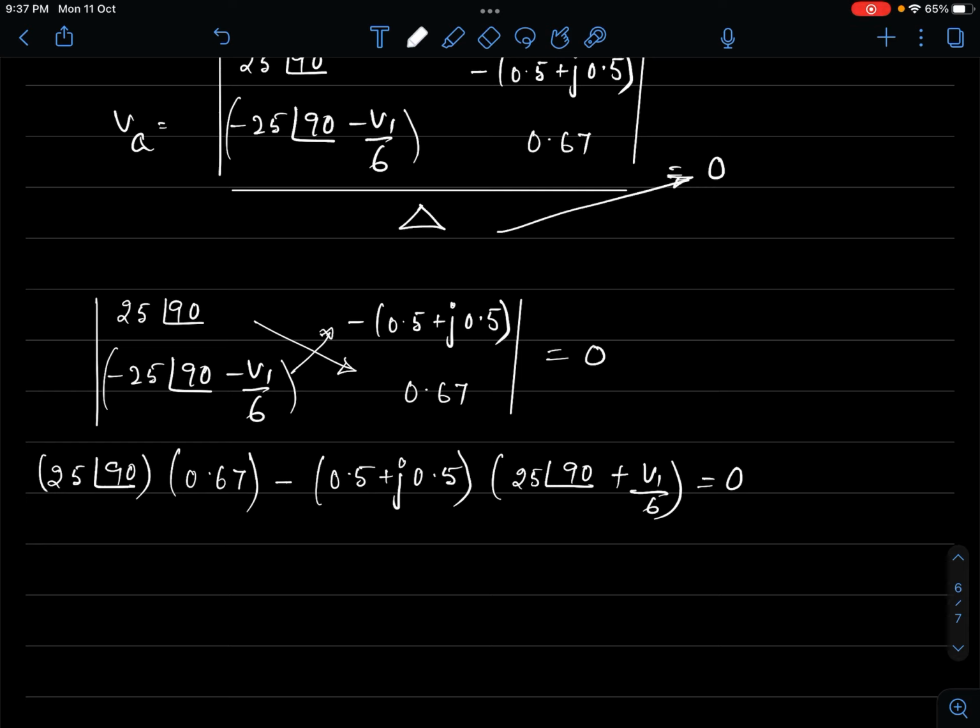So this is my equation from which I will evaluate V1. It is very, very simple thing to do. Okay, so we can do this computation. We have calculators to do. Left hand side can be multiplied and you can get it.